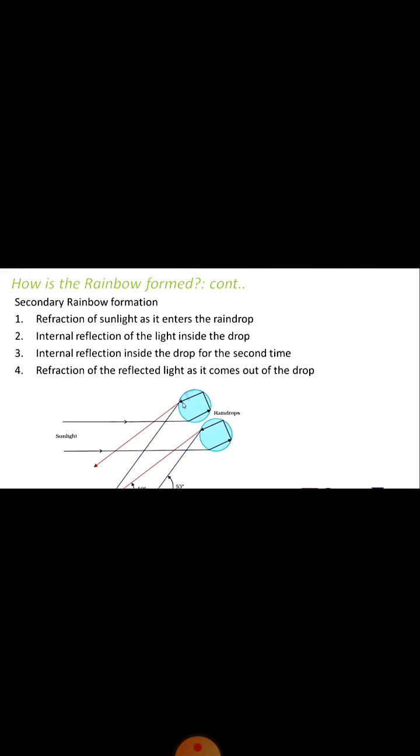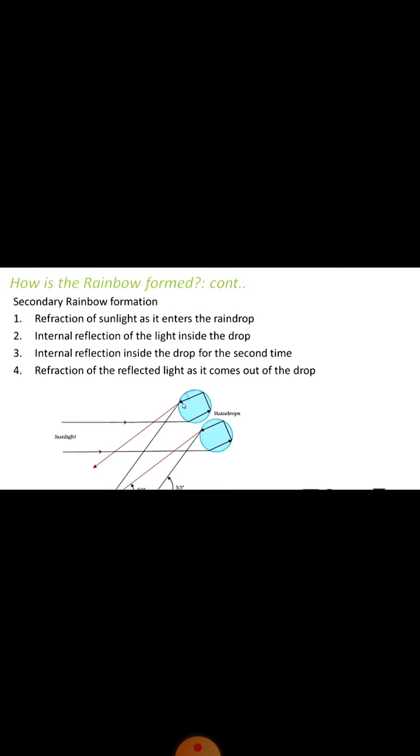It's just that in the secondary rainbow, the sunlight enters the drop in such a way that it strikes the boundary of the drop twice and bounces back, so internal reflection takes place twice. That is the only difference. So now I hope you understand when a rainbow is formed, why it is formed at that time, and how it is formed.